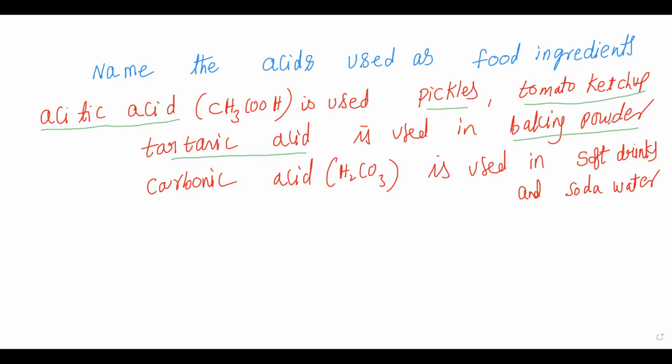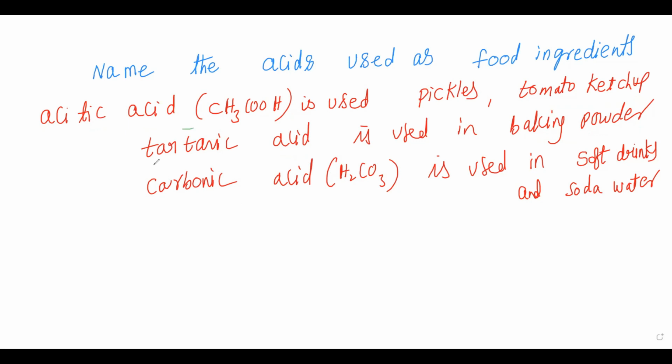That we'll learn later in the topics which are going to come in future. Now, carbonic acid is used in soft drinks and soda water. These are a few examples where acids are used as food ingredients.